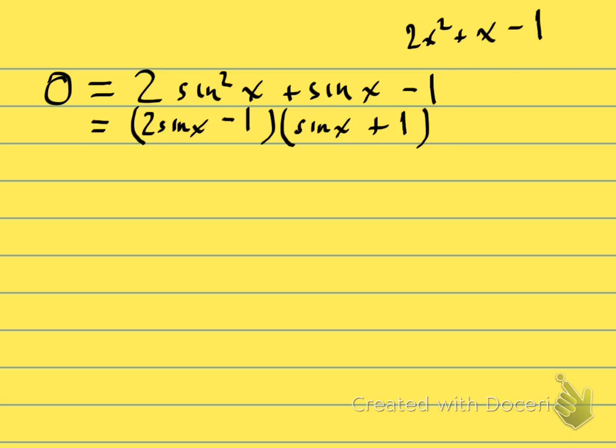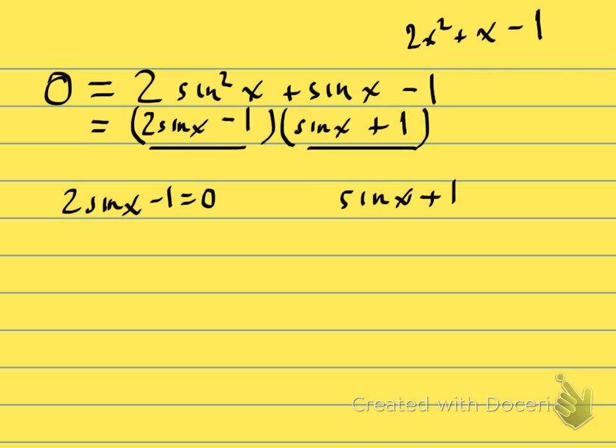I can set each one of these factors equal to 0 and solve for x. So I have 2 sine x minus 1 equals 0, and sine x plus 1 equals 0. So we can quickly get to sine x equals positive 1/2, and over here sine x equals negative 1.